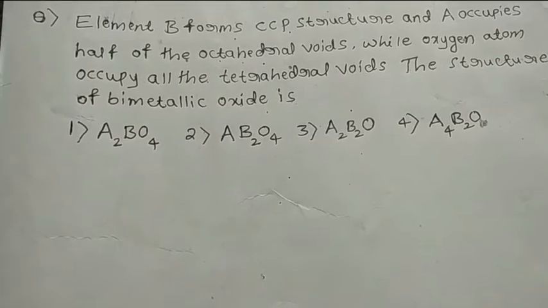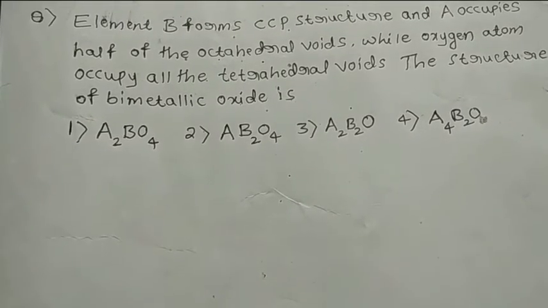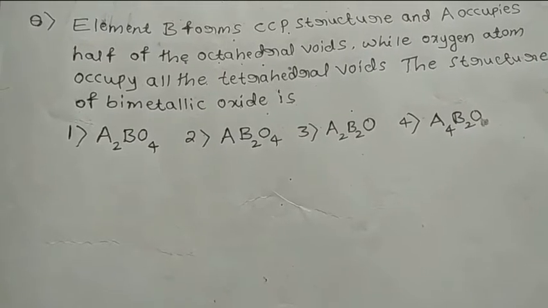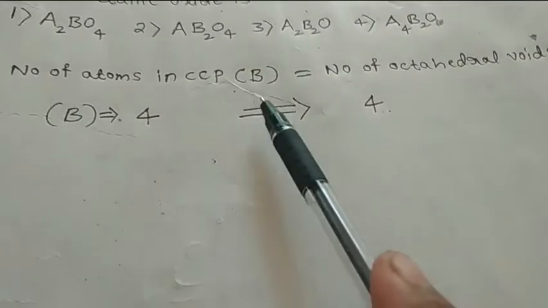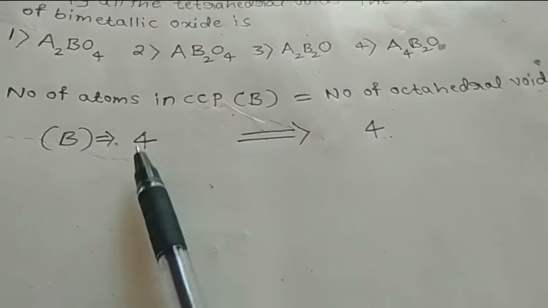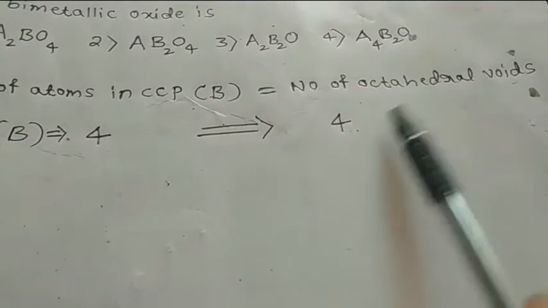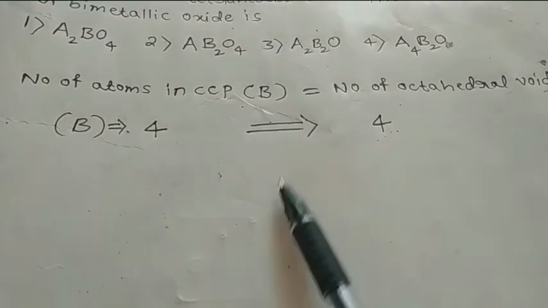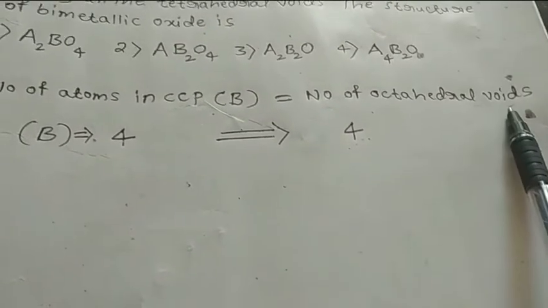The number of atoms in CCP is equal to the number of octahedral voids, and the number of tetrahedral voids is equal to 2 into the number of octahedral voids. Consider 4 atoms in close packing, then octahedral voids are also 4, but tetrahedral voids are 8.